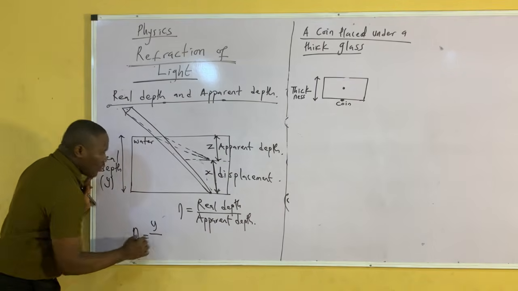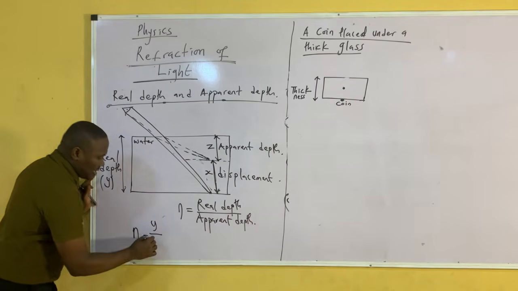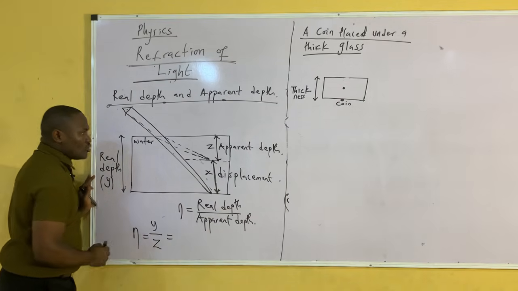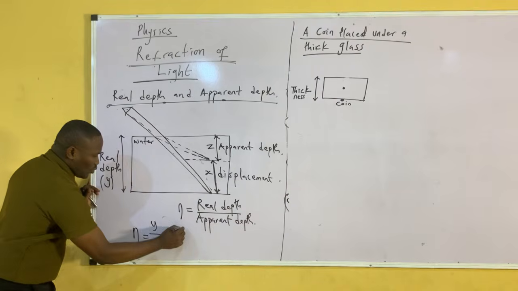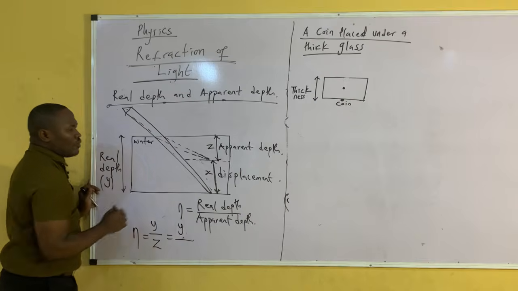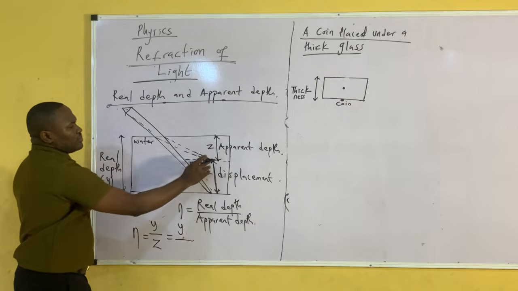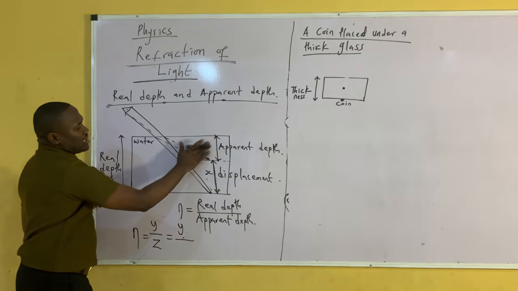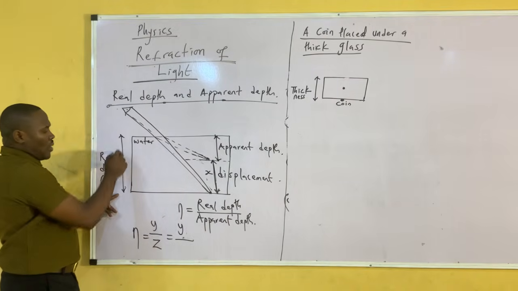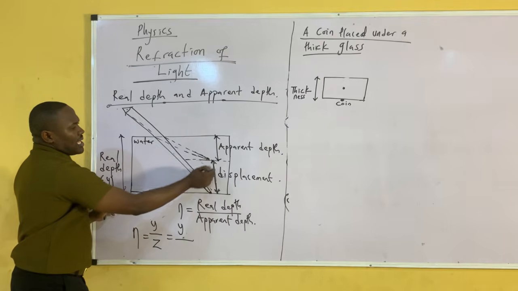It will be y over apparent depth z. Now, I want you to know that it can still be equal to real depth. If z is not available, apparent depth can be y minus x.